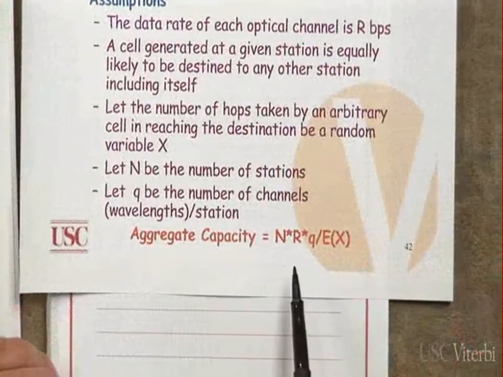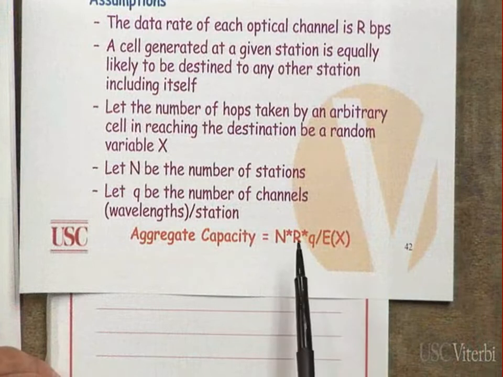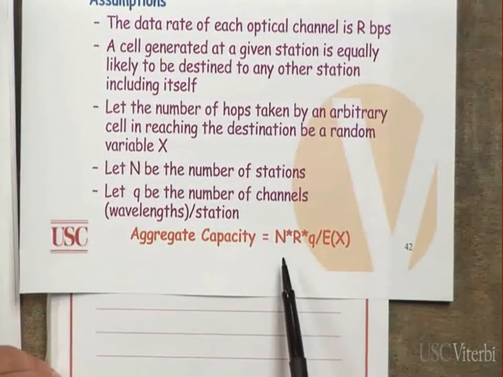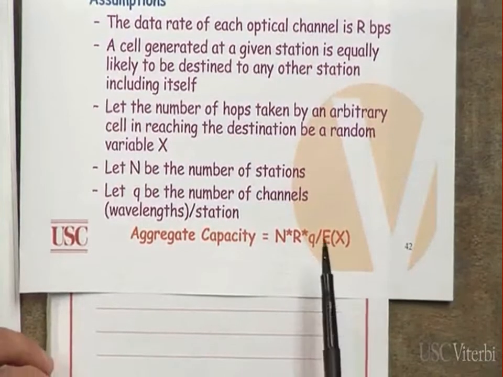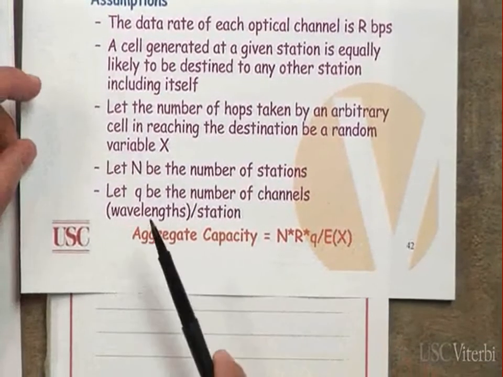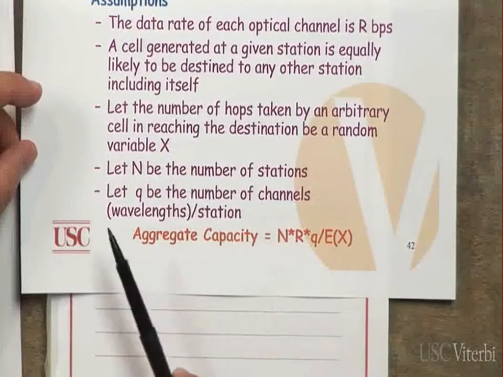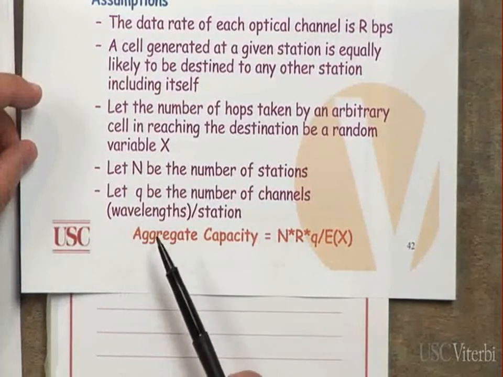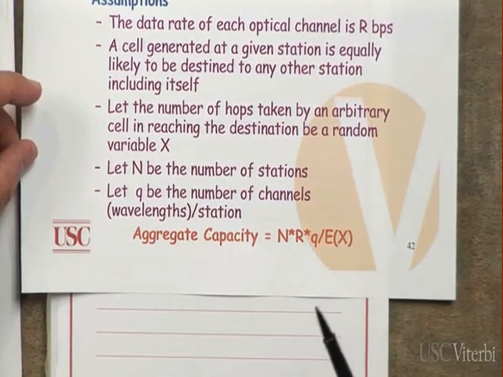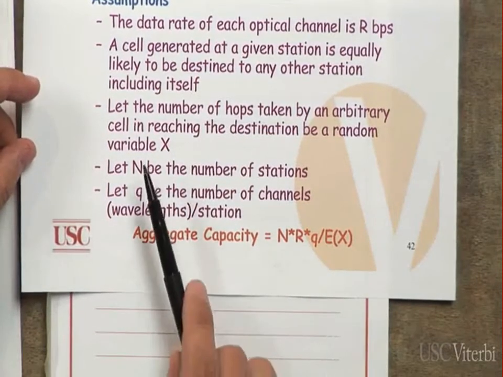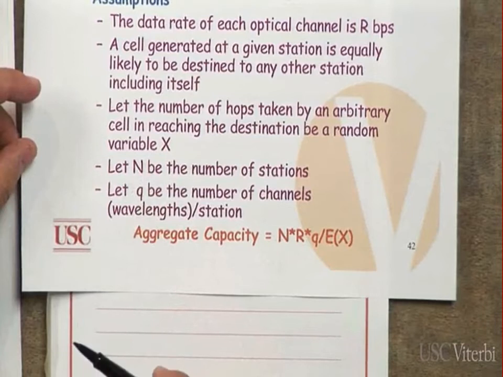So the aggregate capacity of a multi-hop network is N times R times Q divided by expected X, where N is the number of stations, Q is the number of wavelengths per station, R is the data rate, and expected X is the average path length. Okay?